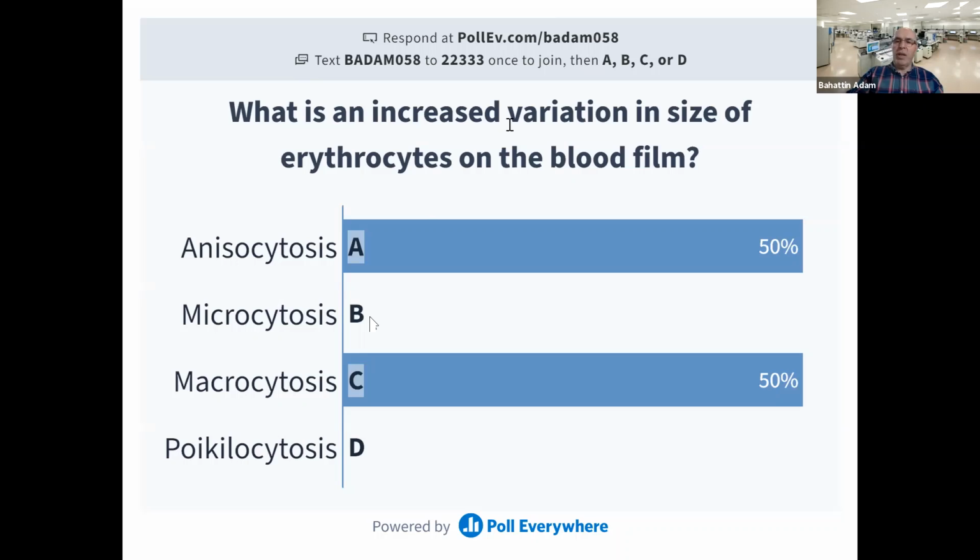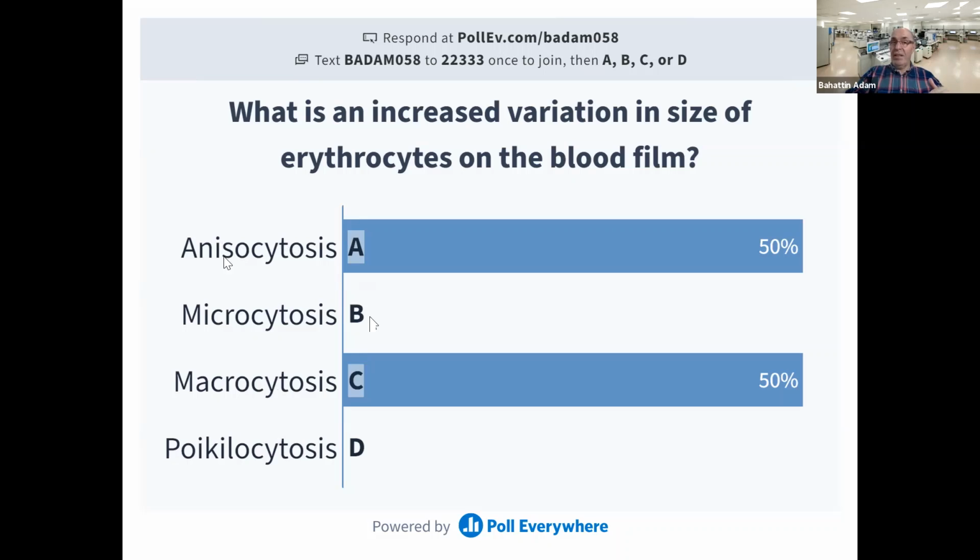A variation in size is known as anisocytosis. It can be either bigger than normal or smaller than normal.